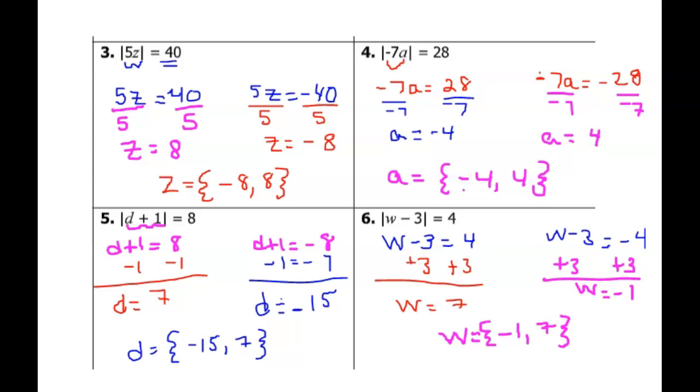For number 5, how for the d plus 1 equals negative 8, how is it 15? Wouldn't it be negative 9? You know what? I was looking at that because I was like, that doesn't seem right. Miss Bennett's mind is thinking this is 7. She can't read her own handwriting. You're so right, guys.